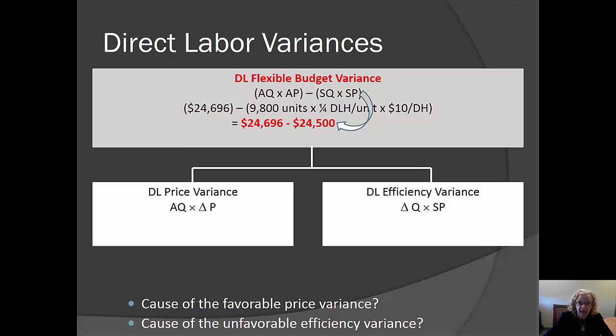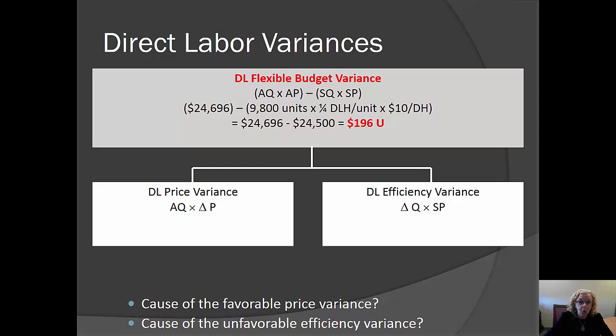We can figure that amount out, and then all we have to do is compare what we actually paid to what we would have budgeted on the flexible budget for the actual amount that we made. The difference is $196 unfavorable.